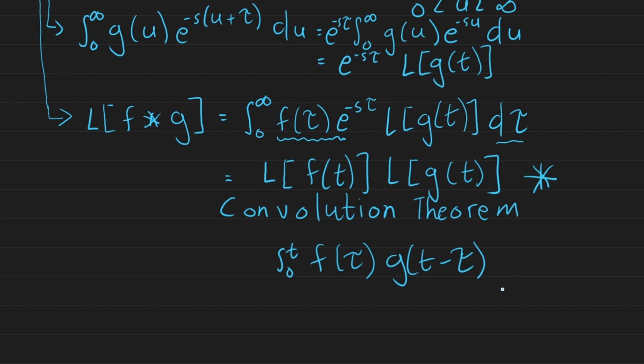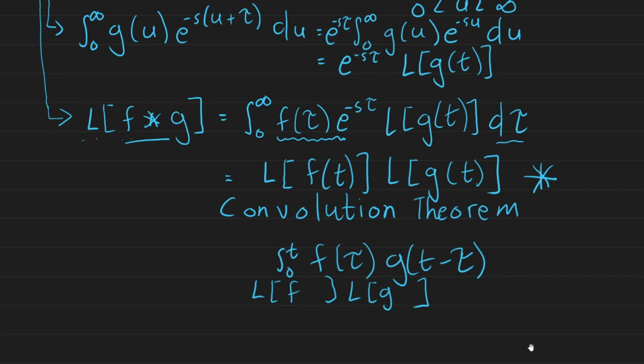However, we can say that this integral is the same as finding the Laplace transform of f, then finding the Laplace transform of g, then multiplying the two, and it will give you the Laplace transform of the convolution. And then just by finding the inverse Laplace transform of what we get here as the result, it will give us this convolution. So that is the amazing finding here.